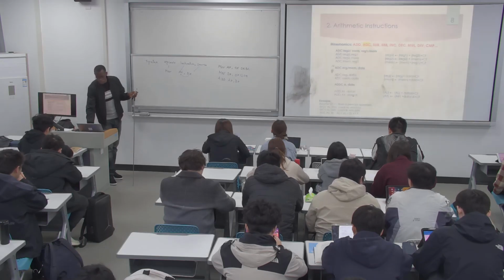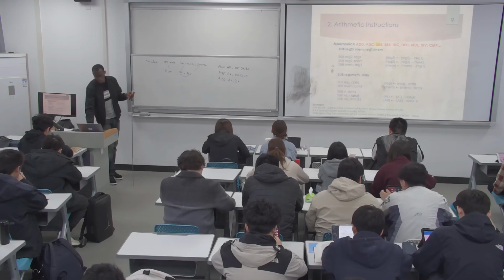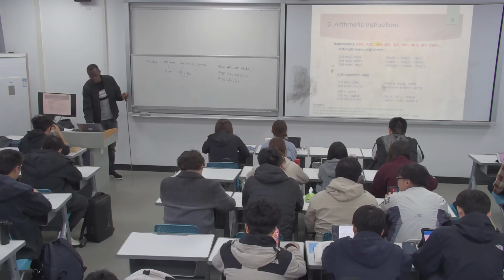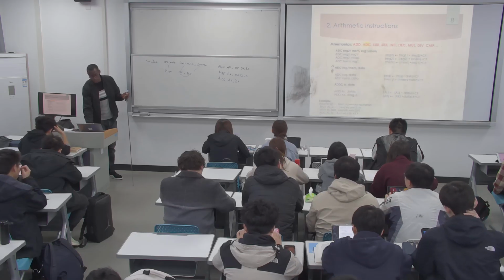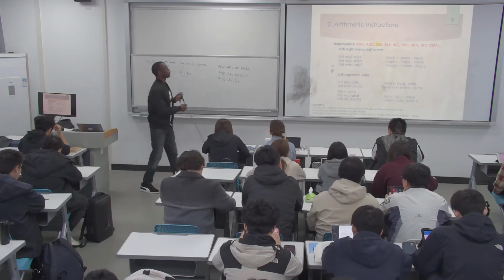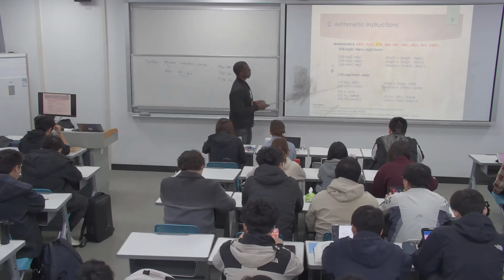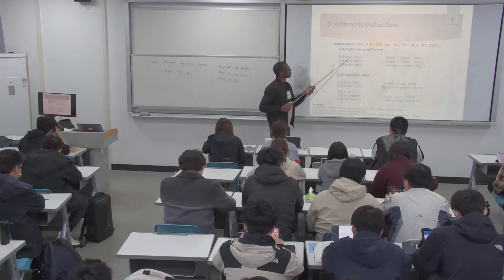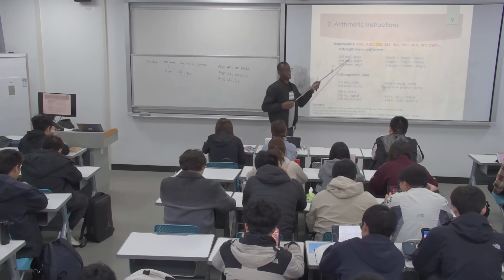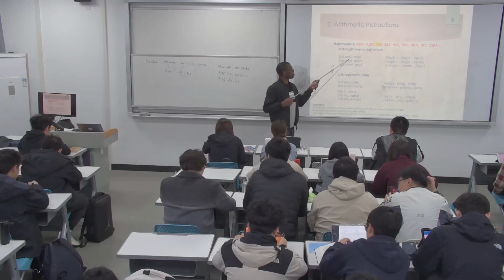The next instruction is subtraction. Sub is the opcode. We can get the content from register 2 minus the content in register 1, and the result will be stored in register number 2.